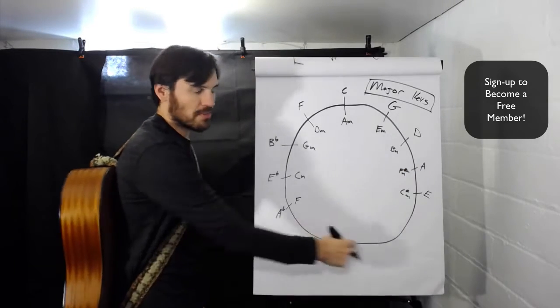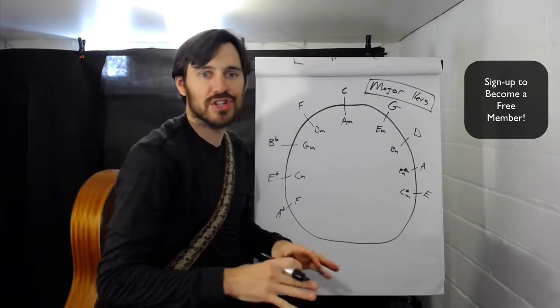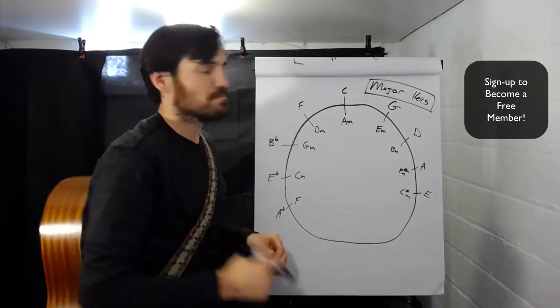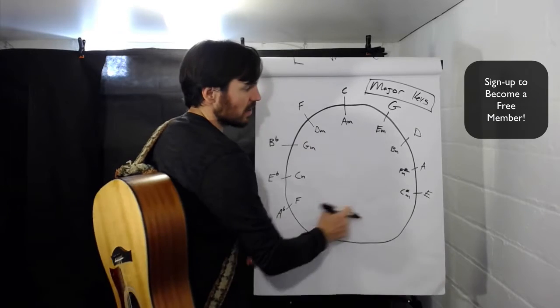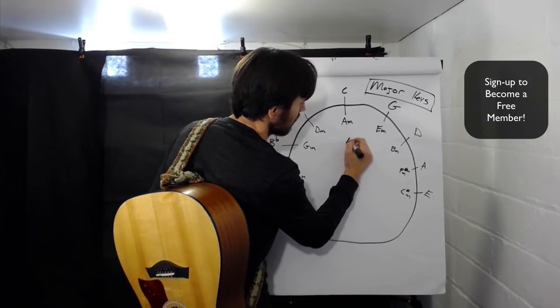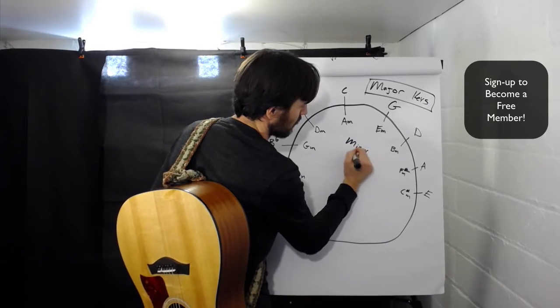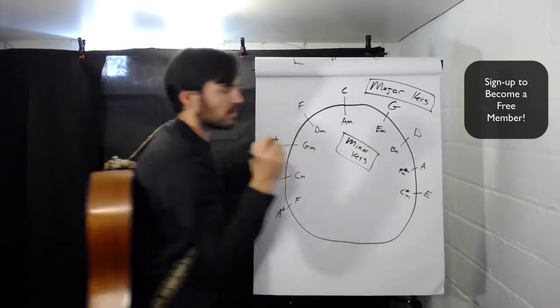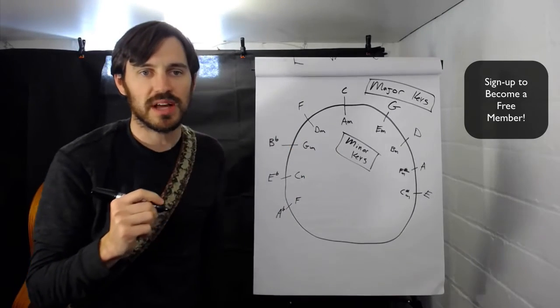I didn't complete the ones down here with a lot of sharps and flats. We don't need to worry about that right now. I might fill it in here in a sec. The ones inside of here are minor. You see the little m underneath of it, so the minor keys are in here. Minor keys on the inside, major keys on the outside.